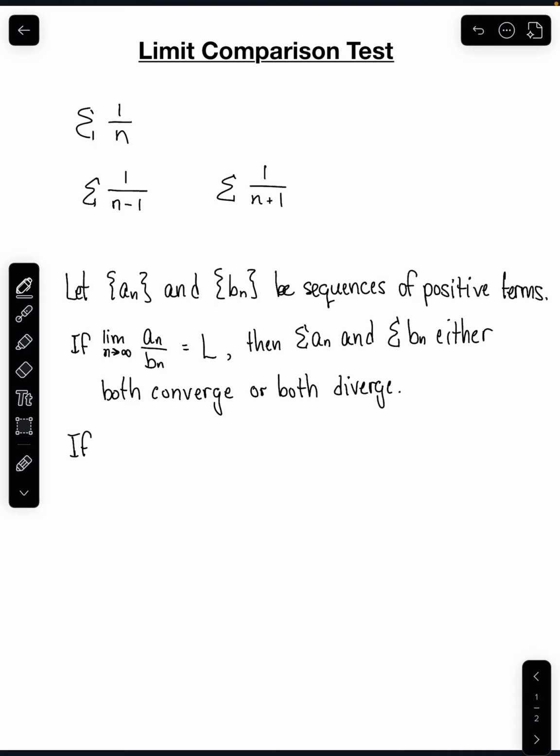If, on the other hand, the limit as n goes to infinity of a sub n over b sub n is equal to 0, then the reason it's equal to 0 is because the terms of a sub n are not growing as fast as the terms of b sub n.